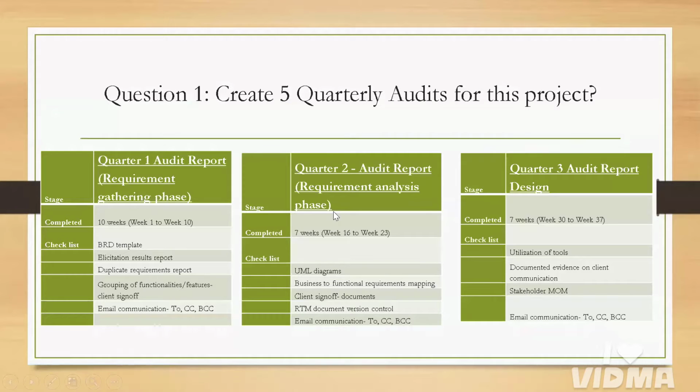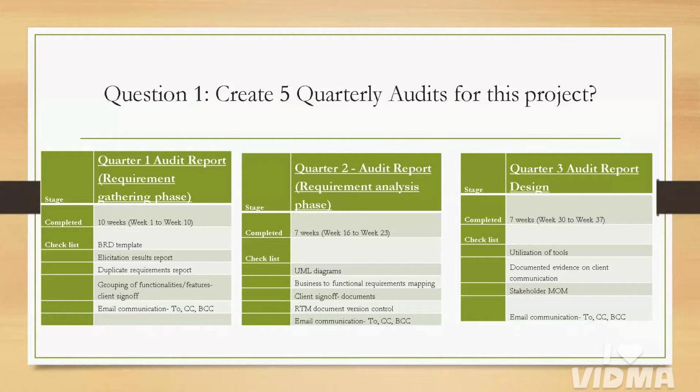Similarly, in quarterly audit two, also look at the requirement analysis phase. Within the duration, see what we have done, like a few examples here. After preparing the documents, we will design the UML diagrams to represent it visually, right?